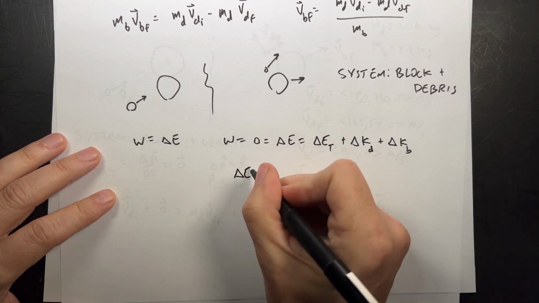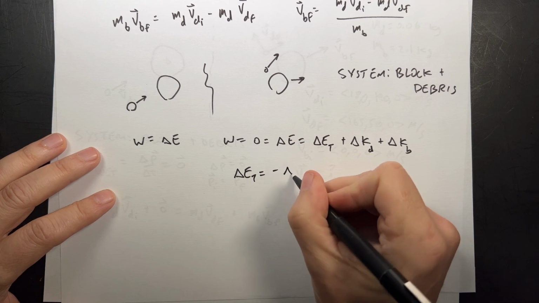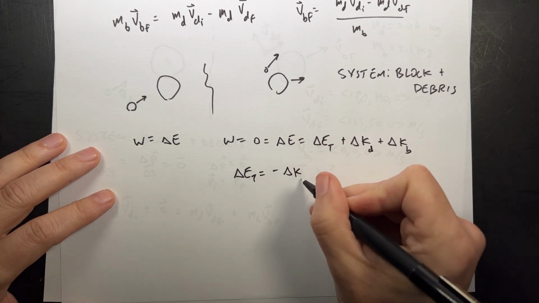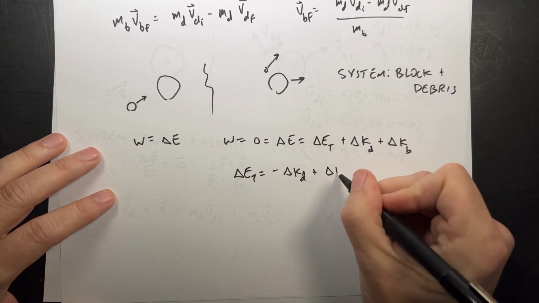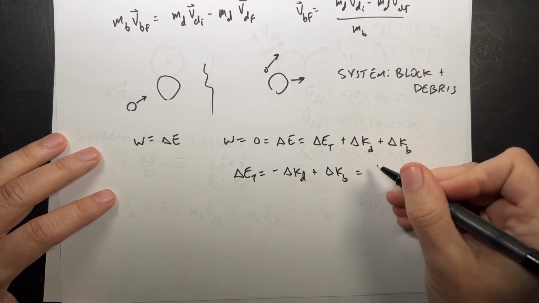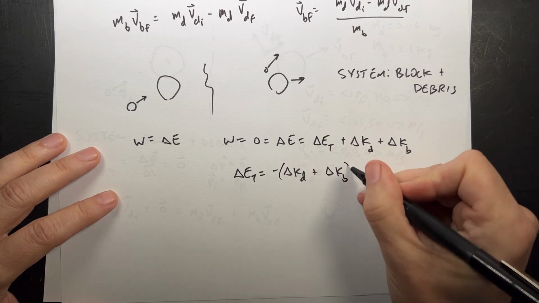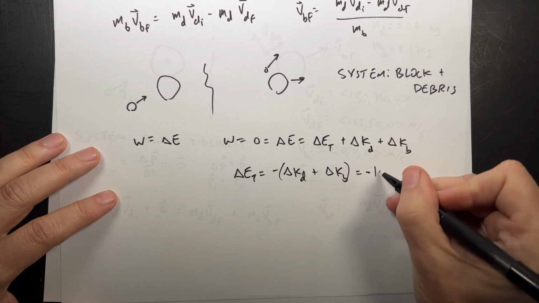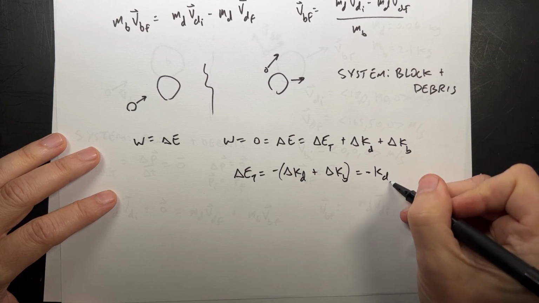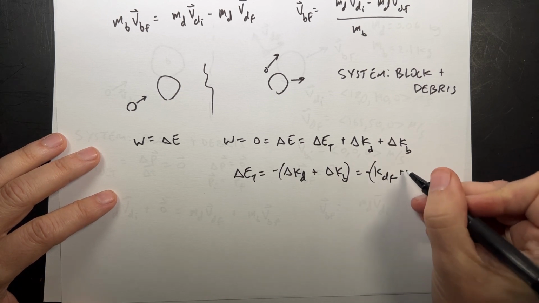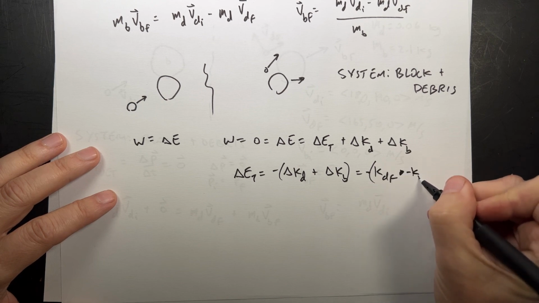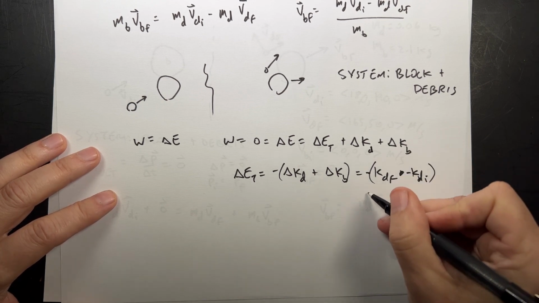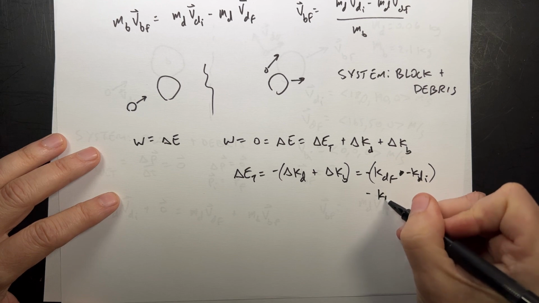So the change in thermal energy is going to be negative the change in kinetic energy of the debris plus the change in kinetic energy of the block, or negative K debris final minus K debris initial minus K block final.